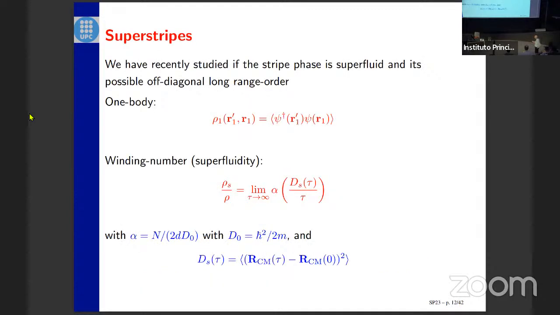Well, but this is not enough, because we can try to understand if the system is or not superfluid, okay? And we have the tools for doing that, because we can calculate in our system what is called the one-body density matrix. Okay, we have seen that before.